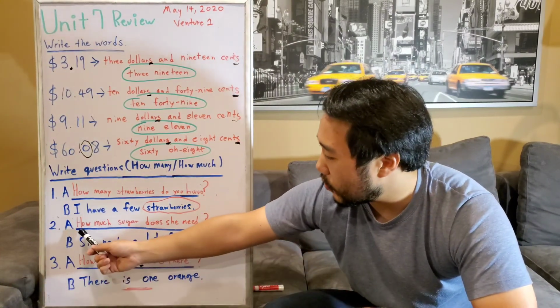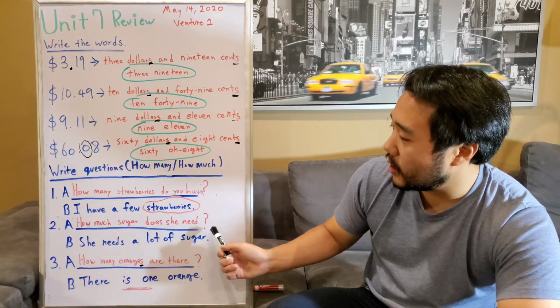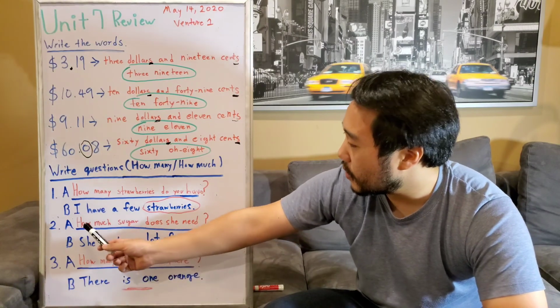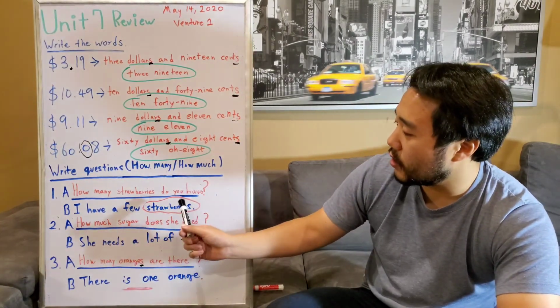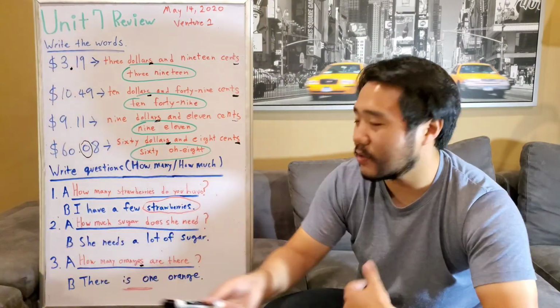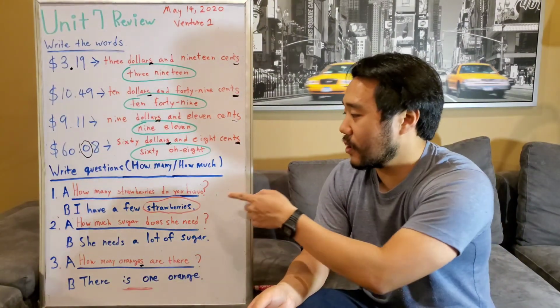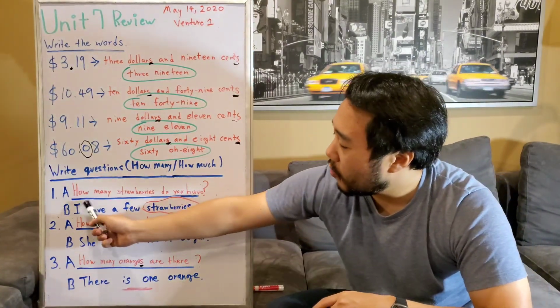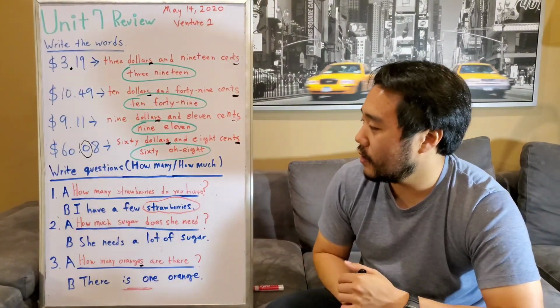So then we have how much sugar does she need. And then, I have a few strawberries. I know that strawberry is countable. The subject pronoun is I. That means when you're asking a question, the subject is going to be you. And it's about have, so it's going to be how many strawberries do you have?